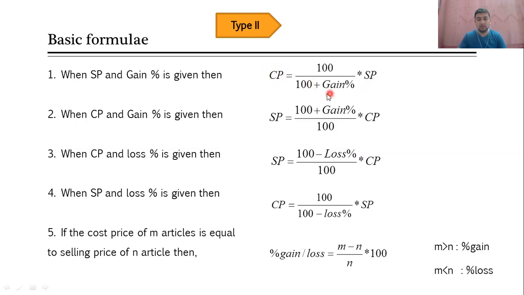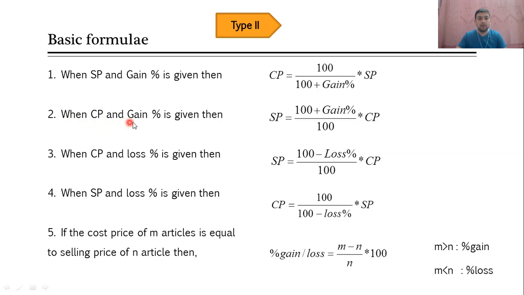That's why the plus sign is in the denominator. So 100 upon 100 plus gain percentage, into selling price. So definitely if you do this calculation, you will get an answer which is less than selling price, because the denominator is larger as compared to the numerator here. Okay, next.